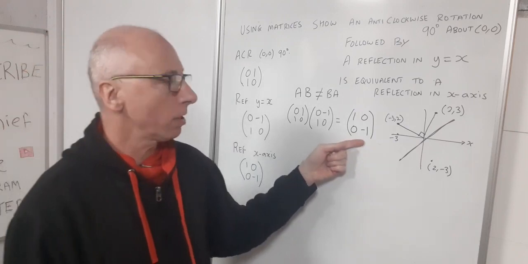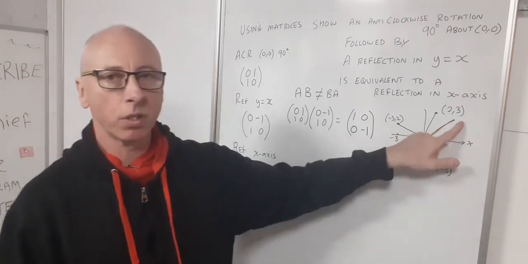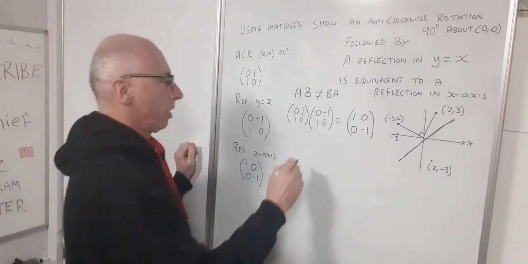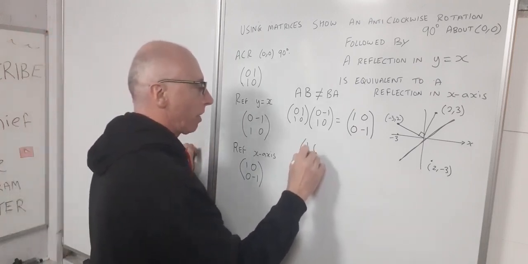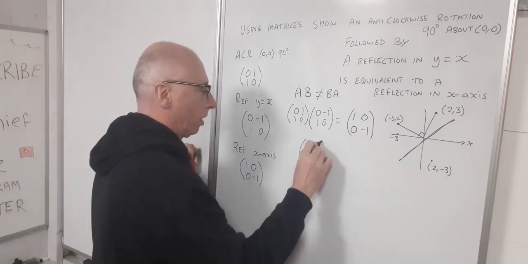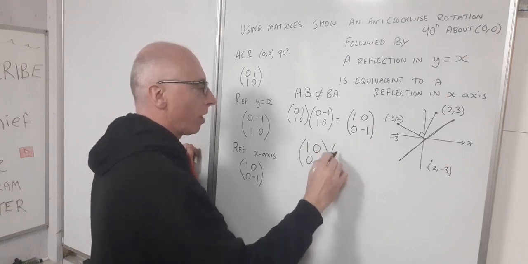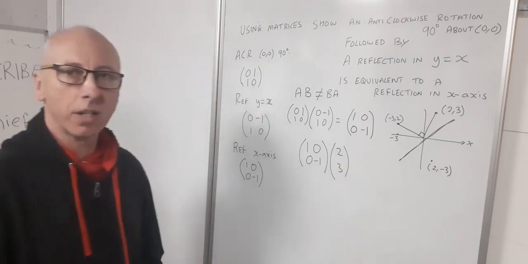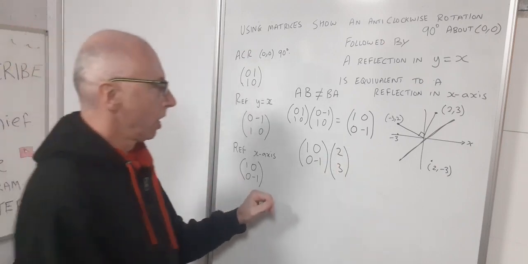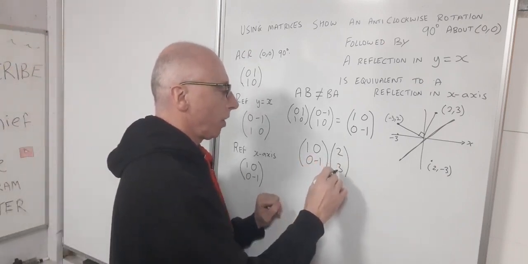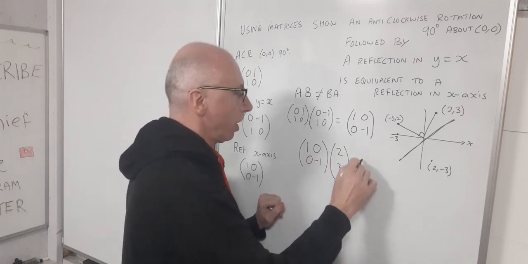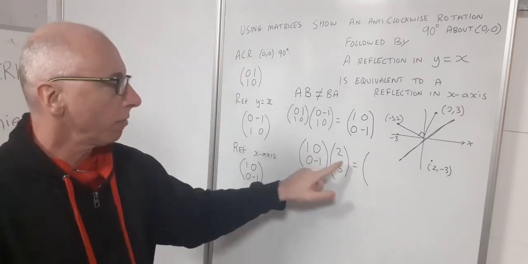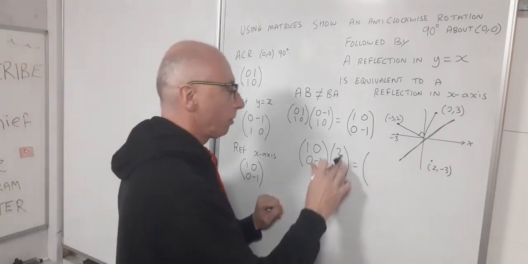Now let's just use this matrix here on our point (2, 3) and see if that gives us that. So again, writing these in the correct order, I've now got my x and y, which is 2 and 3. So let's do our dot product on this one. As I've got a 2 by 2 followed by a 2 by 1, my matrix will always give me the same shape as this one, so the same coordinates.